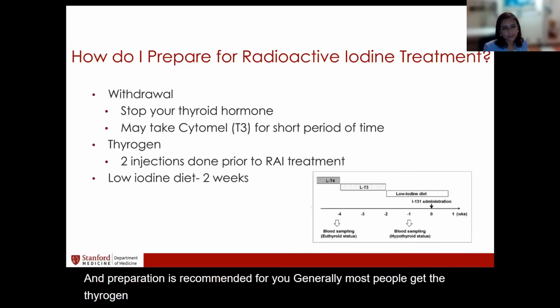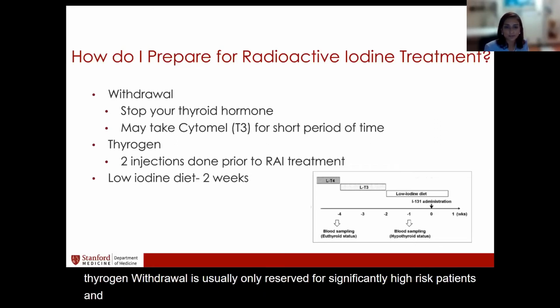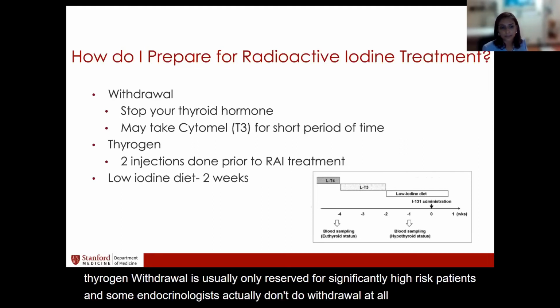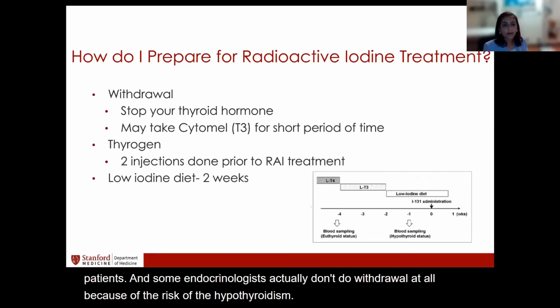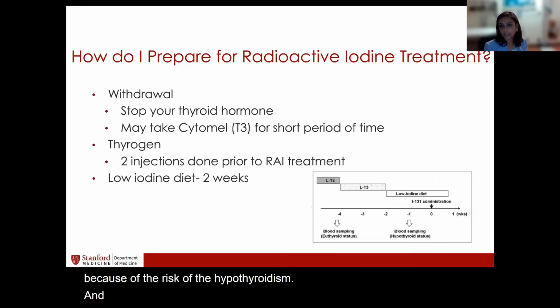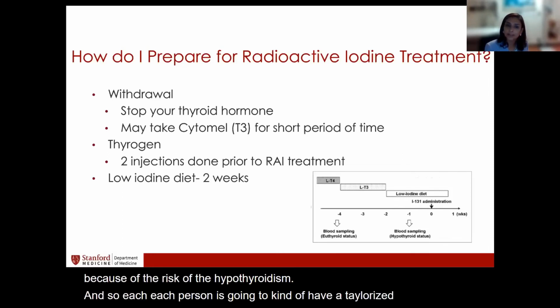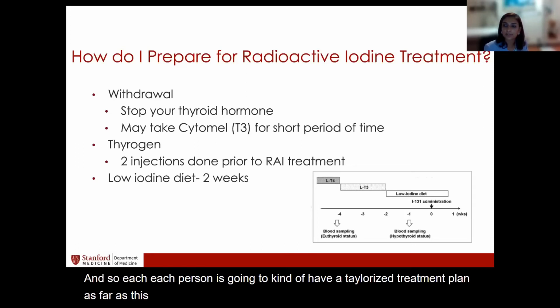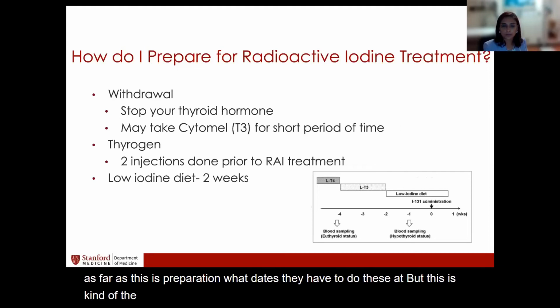Withdrawal is usually only reserved for significantly high-risk patients, and some endocrinologists actually don't do withdrawal at all because of the risk of hypothyroidism. Each person is going to have a tailored treatment plan as far as this preparation and what dates they have to do these at. But this is the overall general concept regarding it.